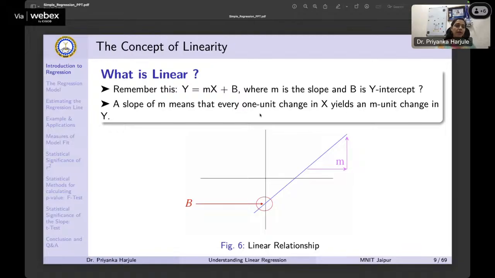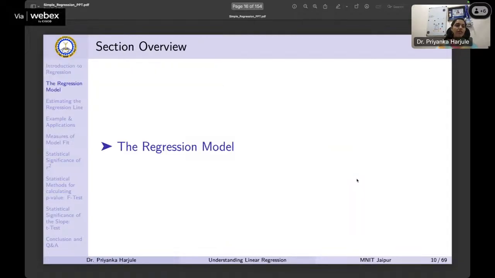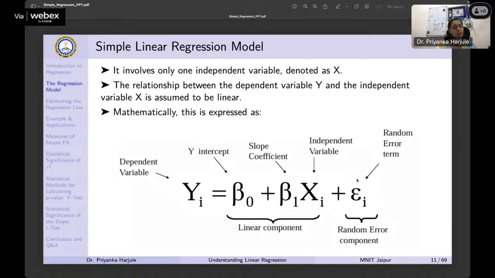Mathematically, we express it as rise over run. So m is actually the change in y divided by the change in x. With this background, we define the simple regression model.